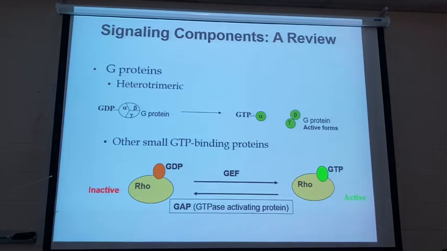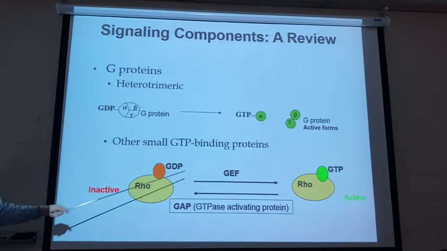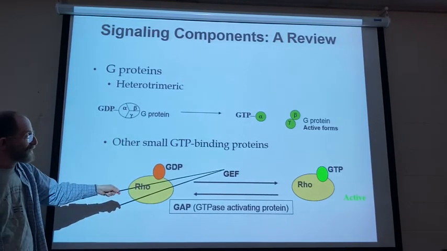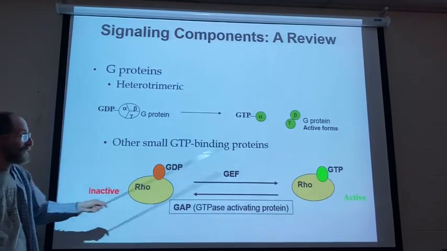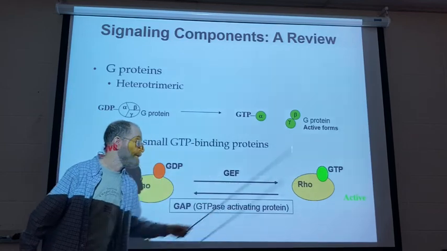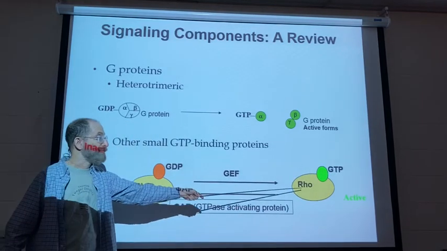There are also other kinds of small GTP binding proteins that work in a similar fashion. So Rho is an example, and this G protein is inactive when GDP is bound, but when a guanine nucleotide exchange factor, so basically this exchanges GDP for GTP, then that's the active form of Rho.